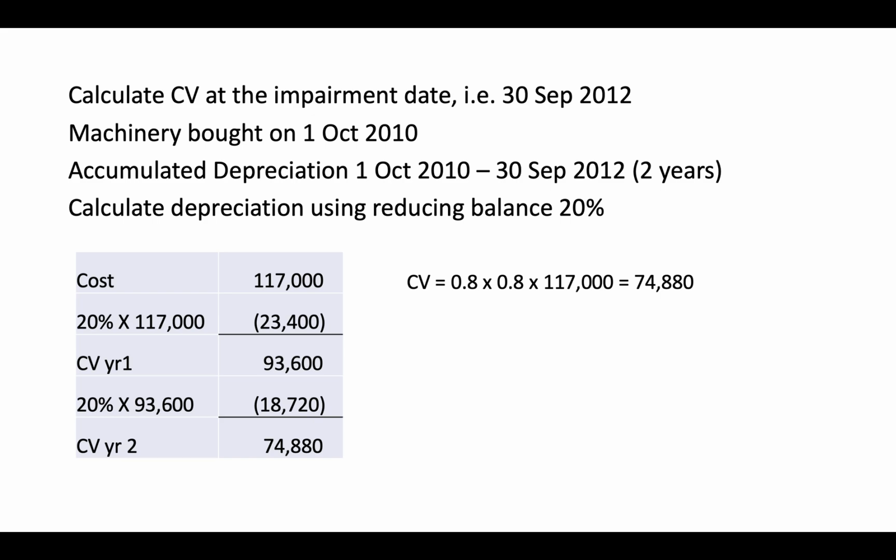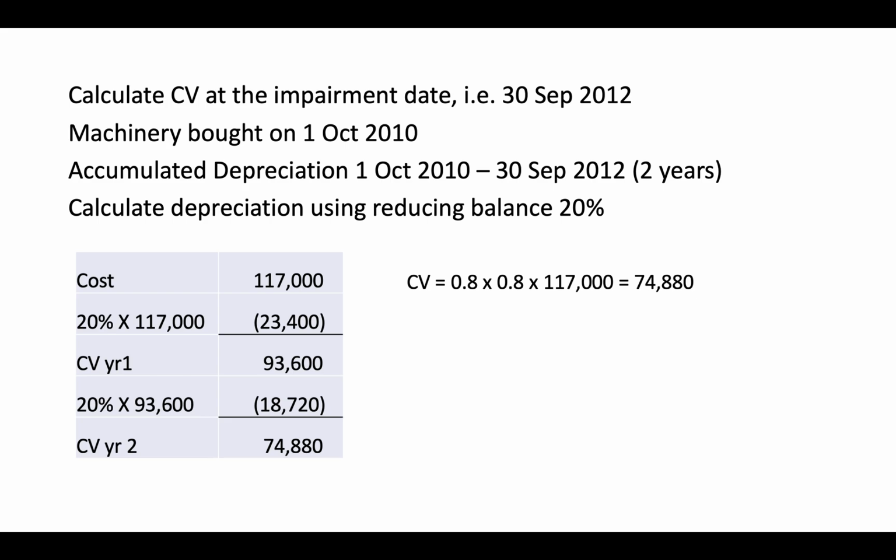The first step is to calculate the carrying value at the impairment date, that is the 30th September 2012. We know the premises were bought on the 1st of October 2010 and therefore 2 years have passed. One of the ways you can calculate the carrying value in the second year is by taking the cost and deducting 20% of the cost.